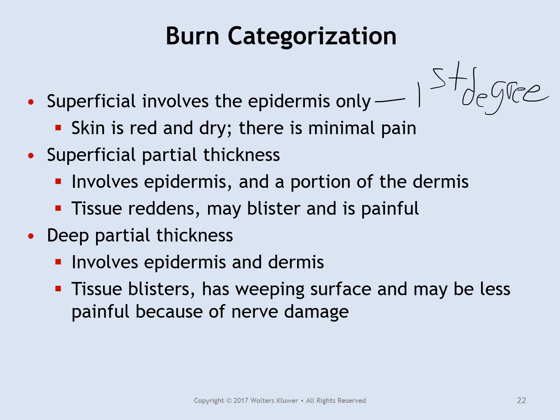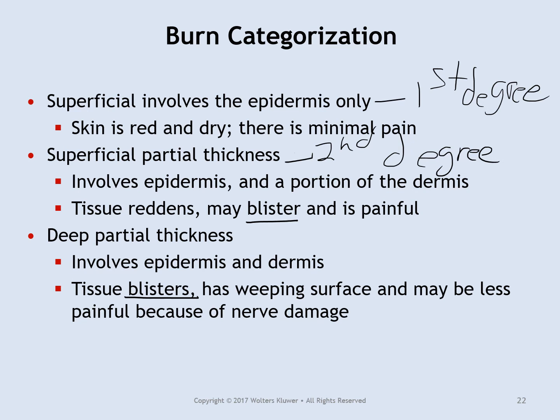A partial thickness burn can involve either part of or all of the dermis, and a partial thickness burn is a 2nd degree burn. And the hallmark of a 2nd degree burn, how you know you have a 2nd degree burn, is that you see blisters. Blisters are your classic sign of a second-degree burn.